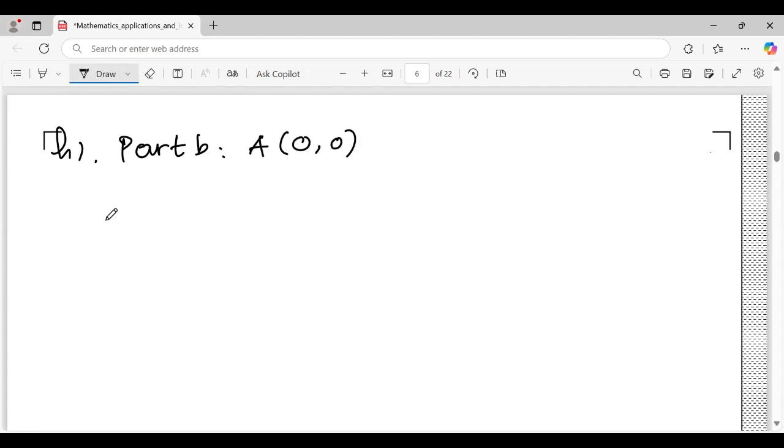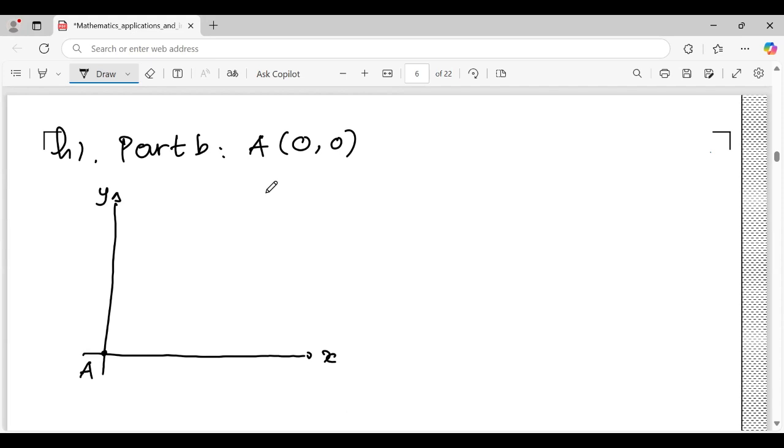This is the origin. So if you create a diagram like this, x-axis, and this is y-axis, the first equilibrium is A here, 0, 0.